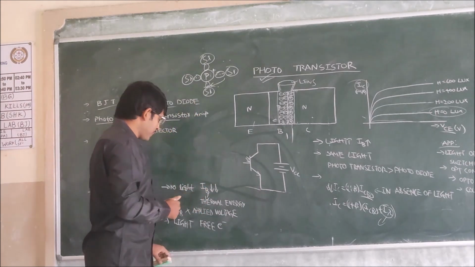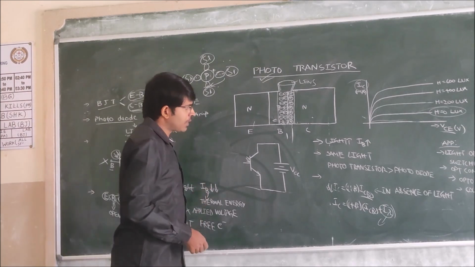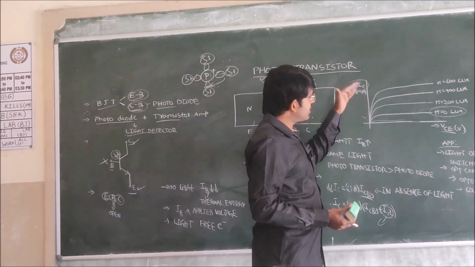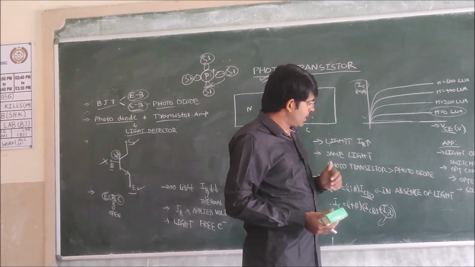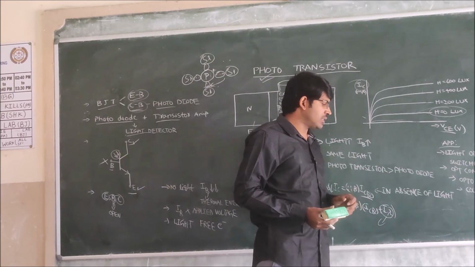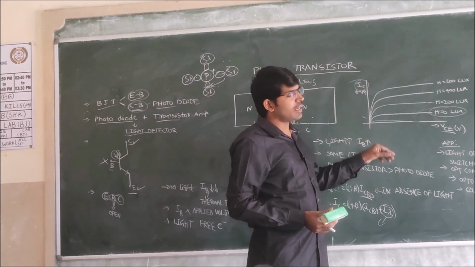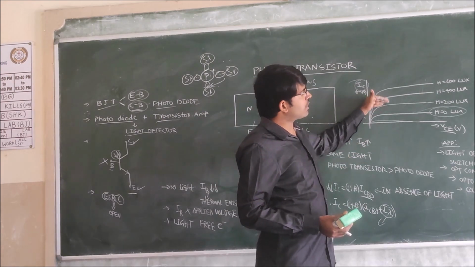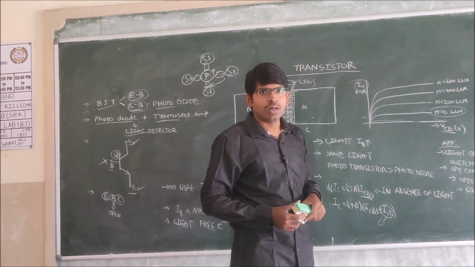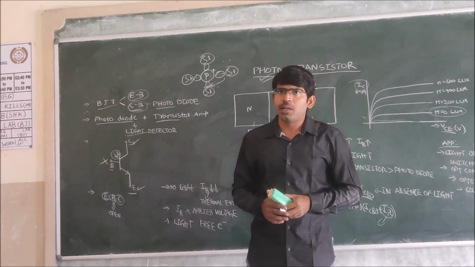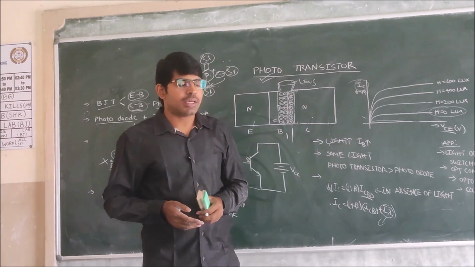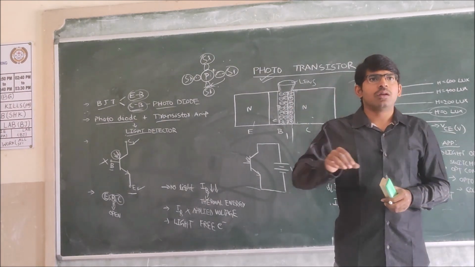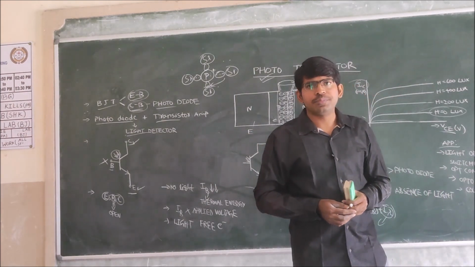Now you see, when the light intensity is increasing, then the collector current is increasing. In the absence of the light, the collector current is very much less. In the presence of the light, the collector current is increasing. We can use this principle in optical communication, because in olden days there was a coaxial cable.